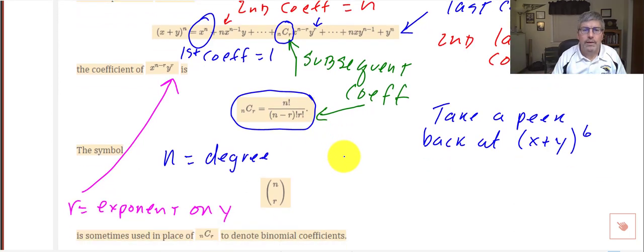And that can also be shown by this particular notation as well. nCr and n over r inside the parentheses are really the same.